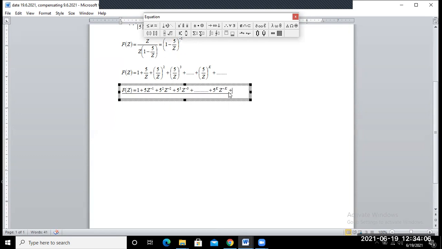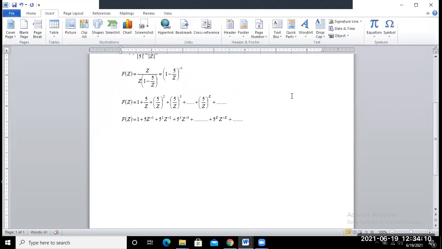Okay, and so the coefficient of z to the power minus k is 5 to the power k.